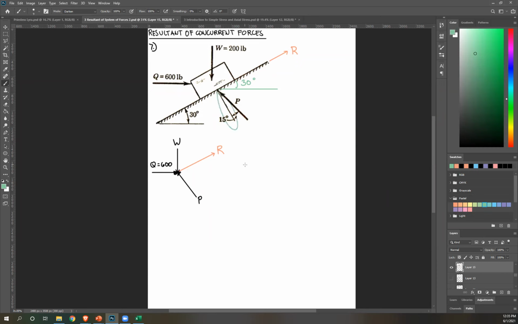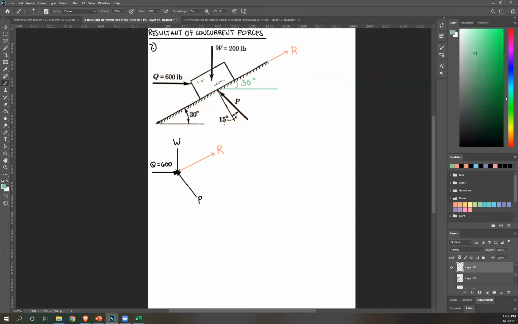Now, this line is perpendicular to the incline. This line is horizontal. So this total angle should be 90, right? Since this line is perpendicular to our incline. So this is 90, this is also 90.